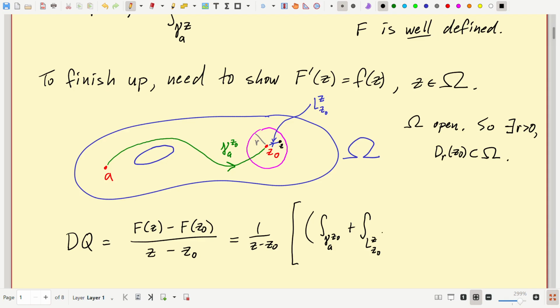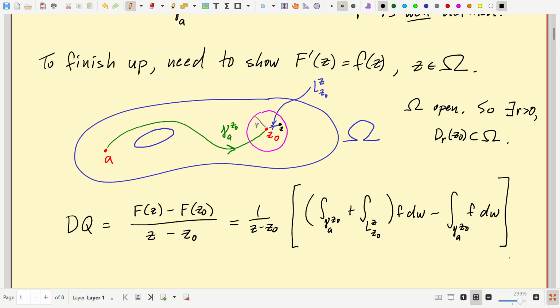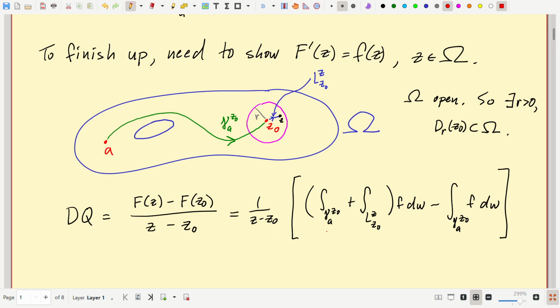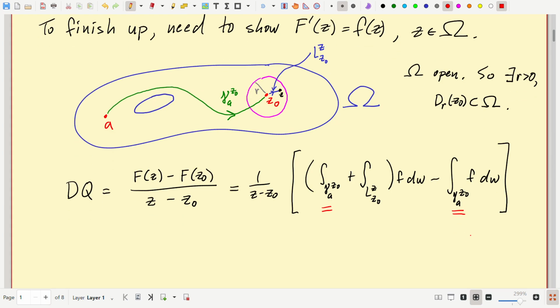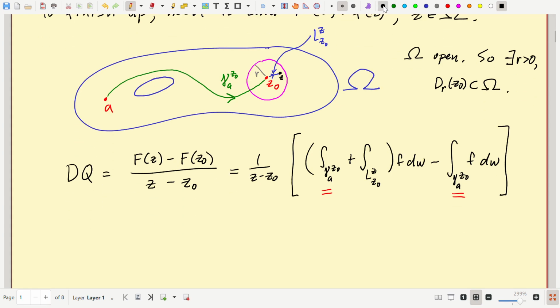Because it's independent of path, I can take that path, of f dw. And of course F of z naught is the integral from A to z naught. Those are going to cancel out. So this integral cancels with this integral, and I'm left with something rather simple.